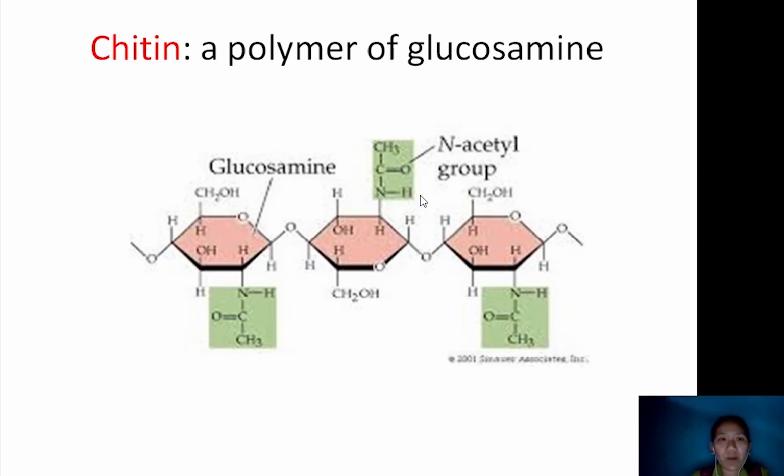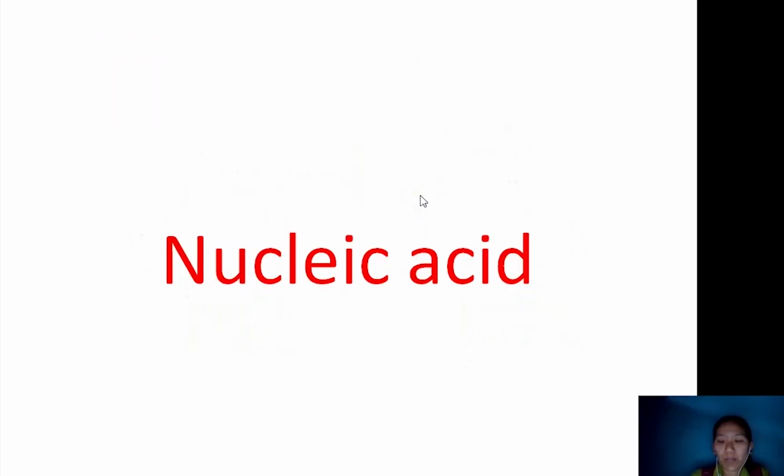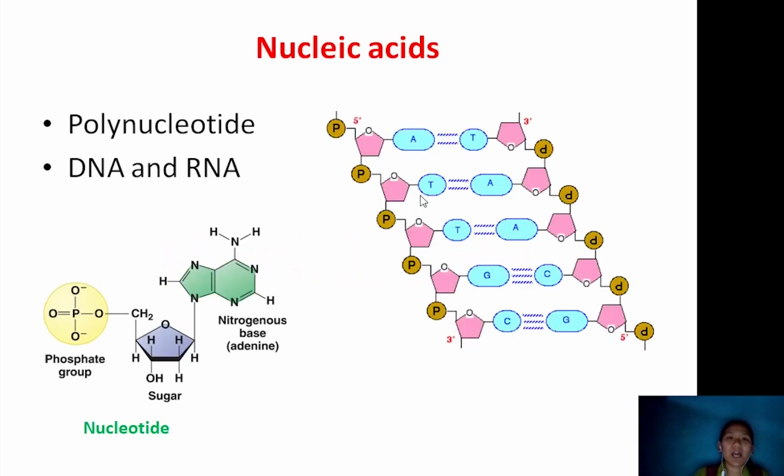Now let's talk about the last part of the macromolecules, that is nucleic acid. So nucleic acids are polymers of nucleotides, or polynucleotides. So it is made up of a chain of nucleotides, and it's of two types, DNA and RNA.